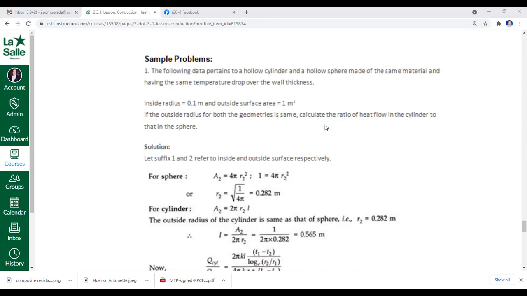You apply the same principle as if you're given a slab. The only difference is that your area will be different from that of the slab. For the slab, you have the length and the width. In the case of your sphere, you have the circumference times the length of that particular material, part of several materials in your sphere.